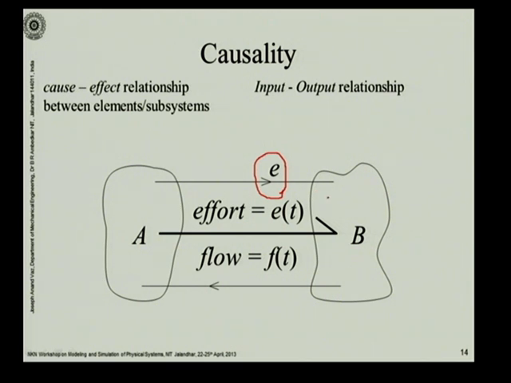So in this case, it is absolutely necessary for physical systems. That means in this particular case, the subsystem B should provide the information of flow to subsystem A. This is a necessary requirement for the transaction of power between two physical subsystems.